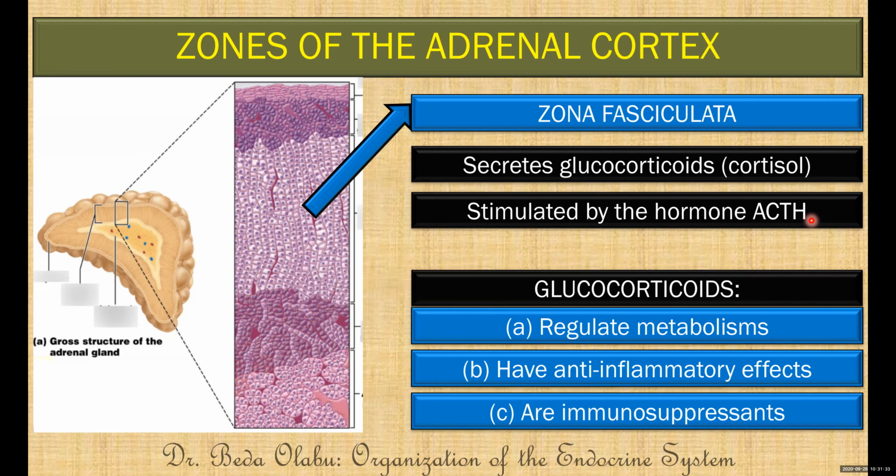And lastly, they are immunosuppressants. And that's why we use them in transplant reactions to prevent organ rejection. So these are the key functions of glucocorticoids.